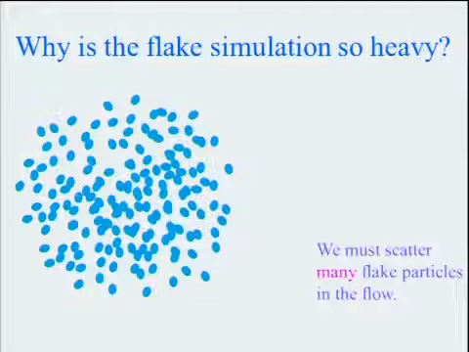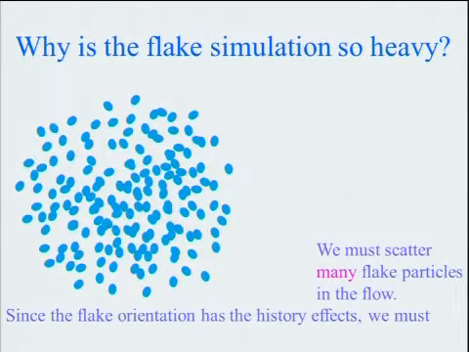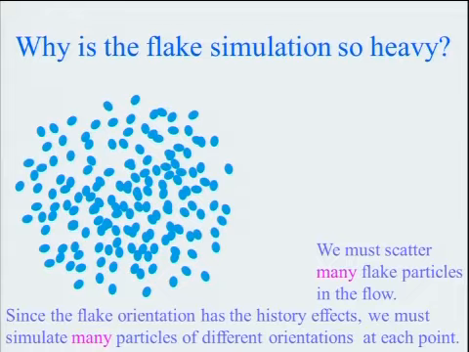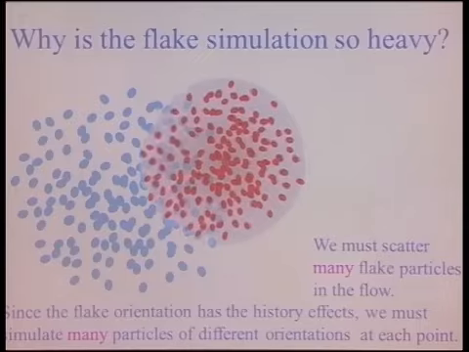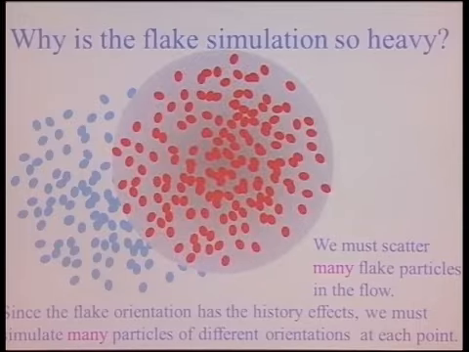And why is the flake simulation so heavy? Of course, we must scatter many flake particles in the flow. But because we must calculate the distribution of flake orientation, we must simulate many particles of different orientations at each point. For this point, we must distribute 1,000 particles.